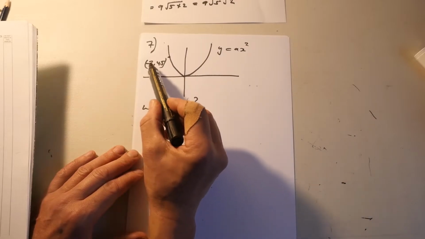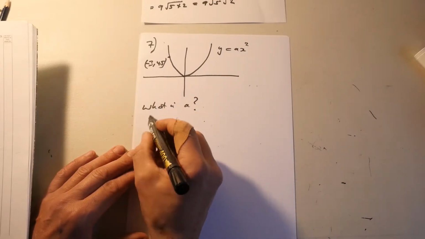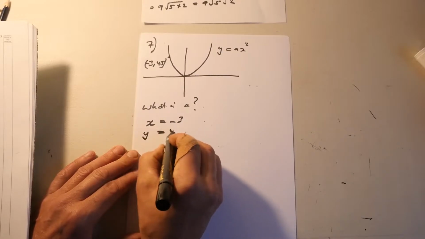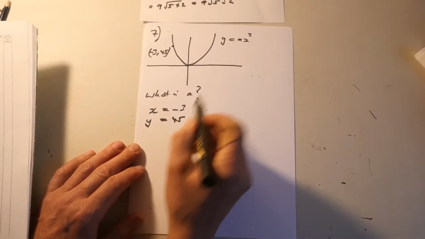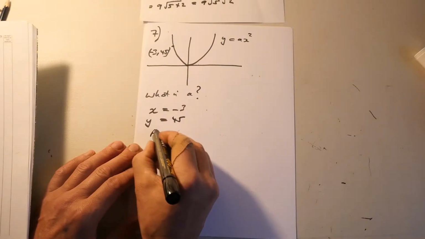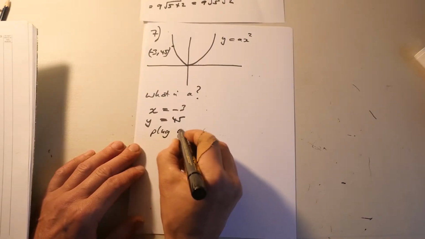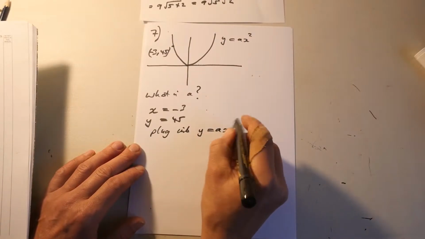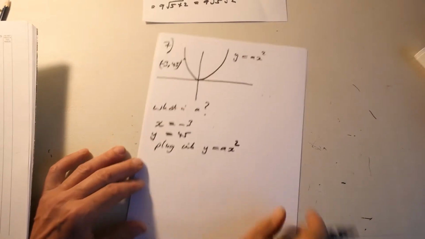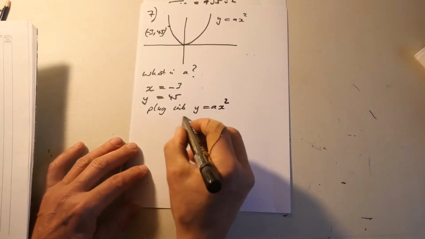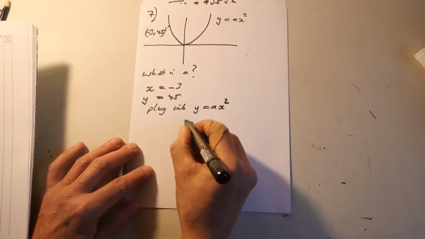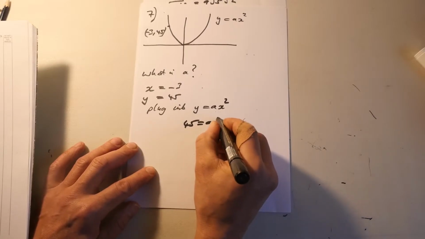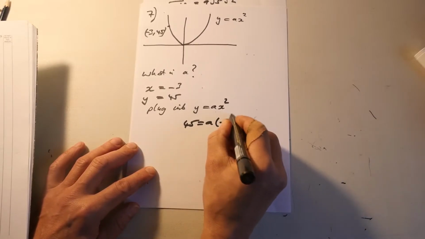If you take x and y values, so x equals minus 3, y equals 45, and plug these in, you get 45 equals A times minus 3 squared.